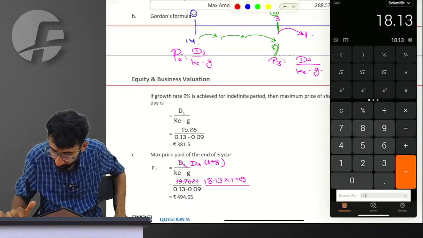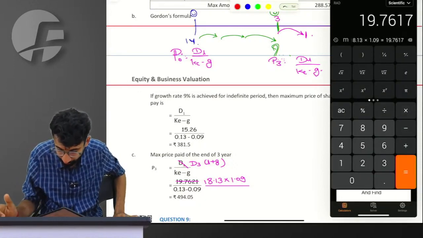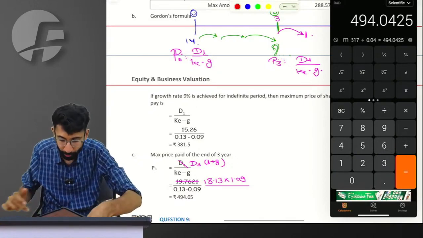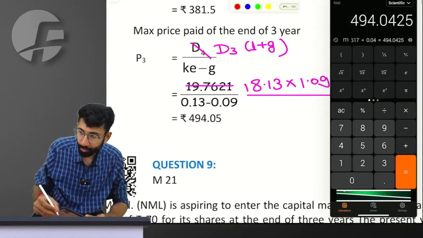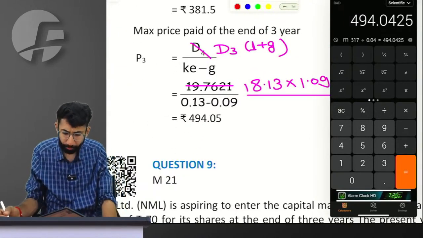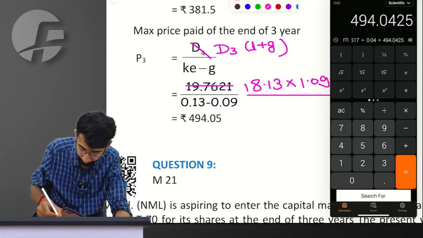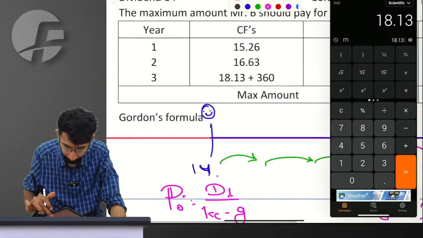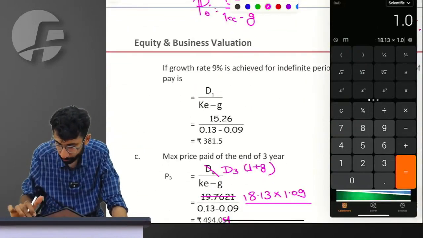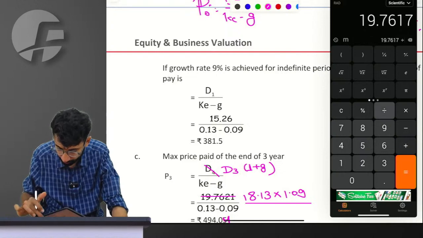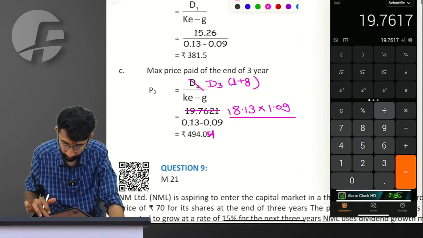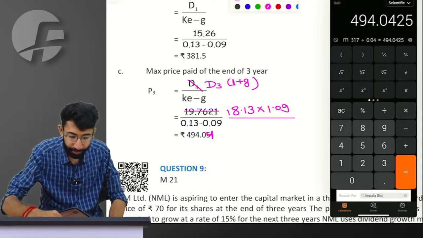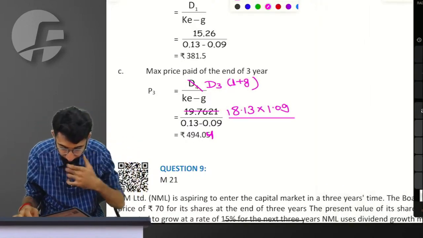So 18.13 into 1.09 divided by K is 13%, G is 9%, divided by 0.04. 494.04 is what I'm getting as the answer. Isn't it 494.04? Please confirm.